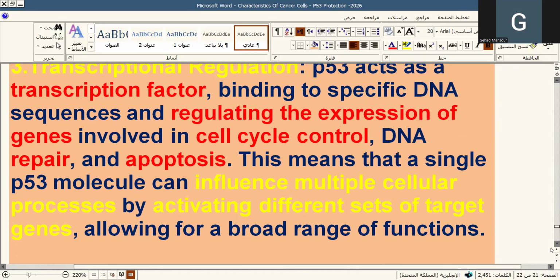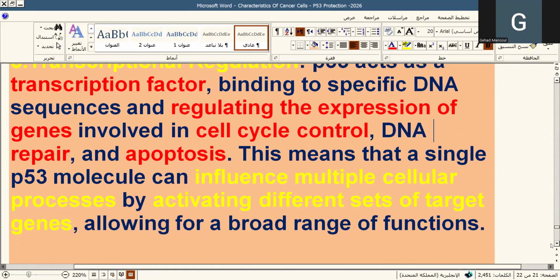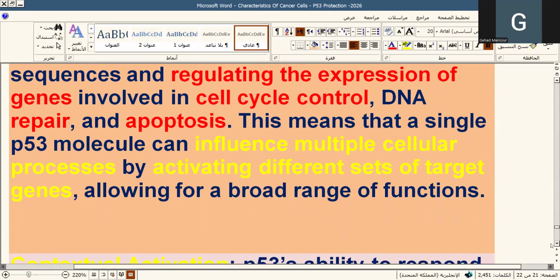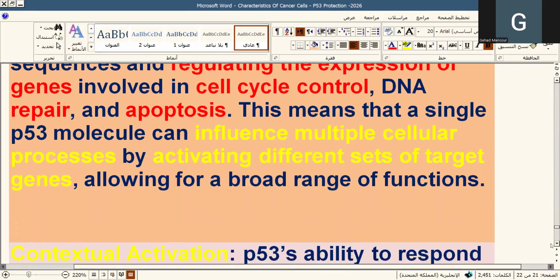Therefore it activates a great number of target proteins that allows it to do a great number of functions.